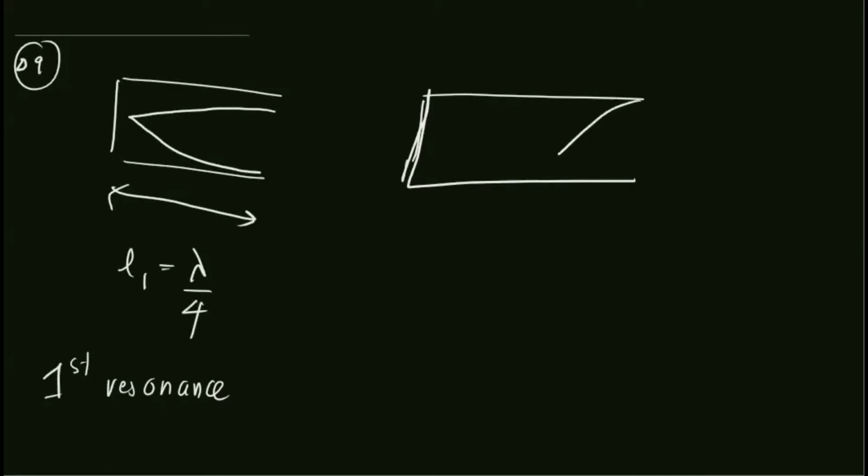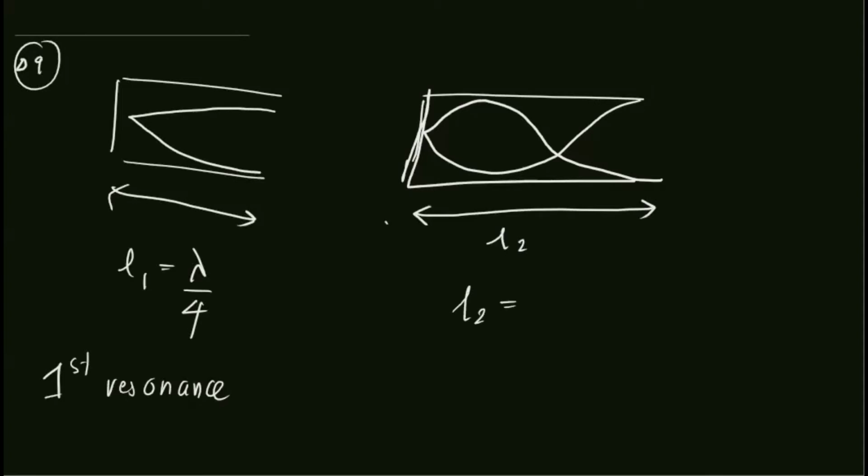The second resonance is going to take this kind of format. If we mark the length of the tube as L2, then L2 is going to be what? Here this is lambda over 2, this is lambda over 2, this is lambda over 4. So this is going to be 3 lambda over 4.